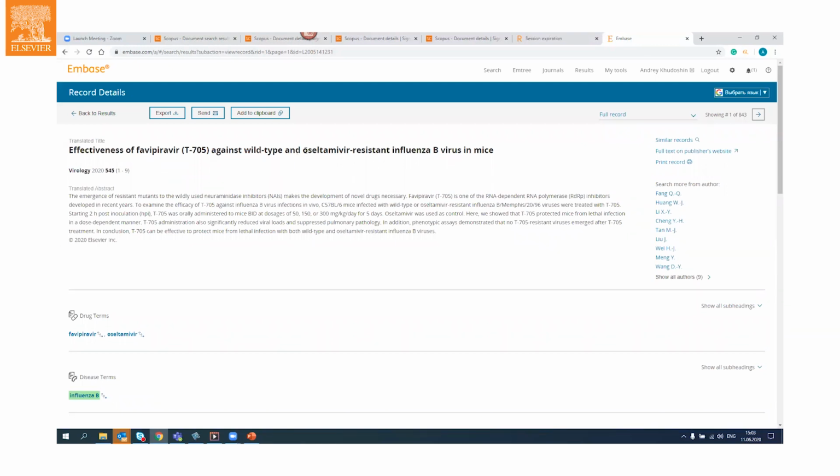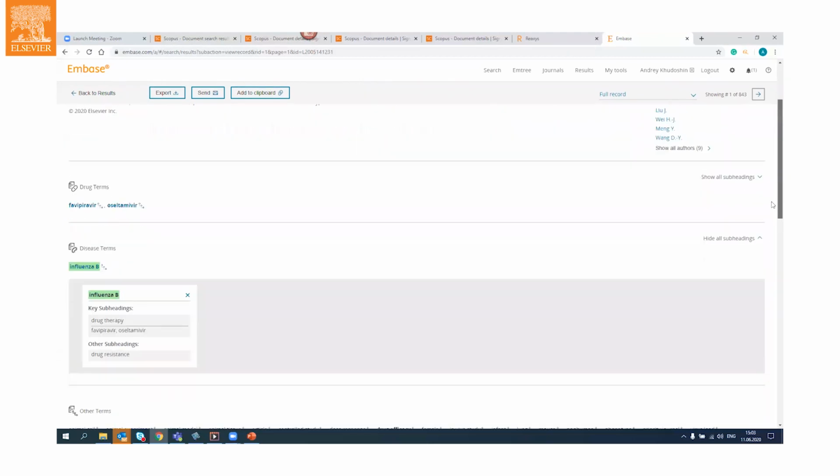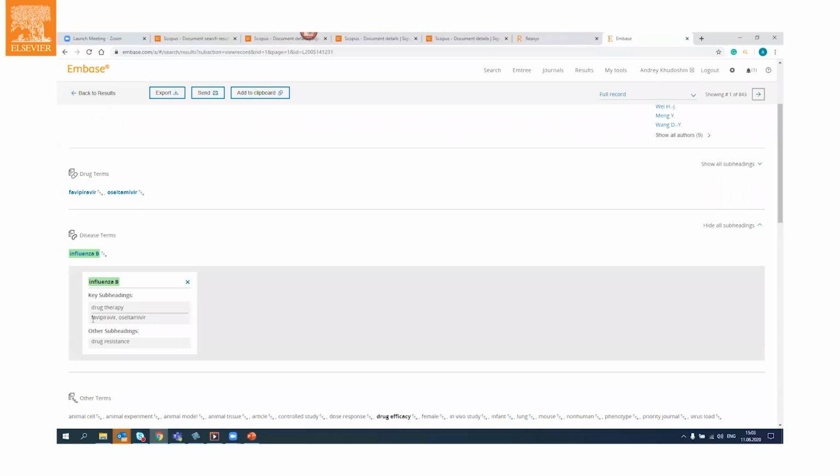This one is oseltamivir-resistant influenza B virus in mice. And by a couple of clicks, you see that favipiravir and oseltamivir were used, and they observed drug resistance.